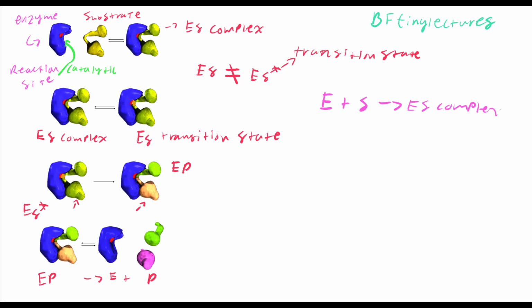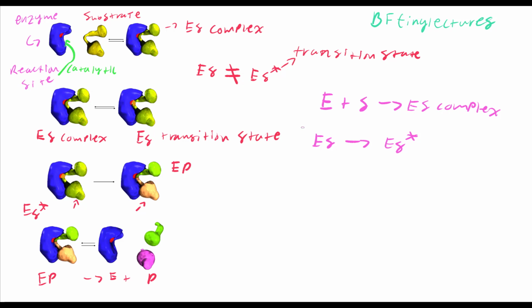Okay? But now the ES becomes the what? The ES transition state. And that is essentially the activation of the reaction within the ES complex, okay? So again, that does not equal ES. That is a different thing.